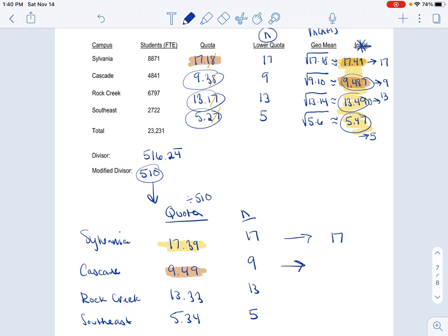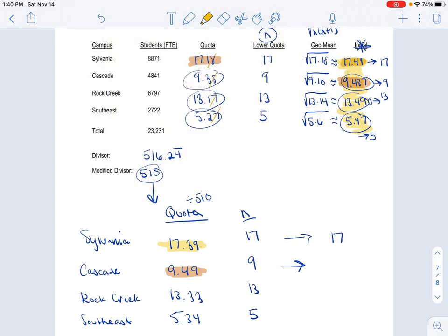Well, I'm sorry, I'm hesitating because if I round that, that's going to be 9.49, and that's about 9.49. So I really should look at that. Let me find that number exactly again. It's 4841 divided by 510. Yeah, I'm going to hold off on that because they're so darn close.